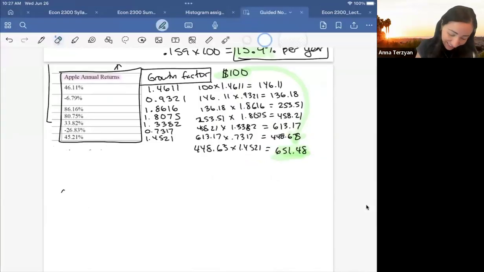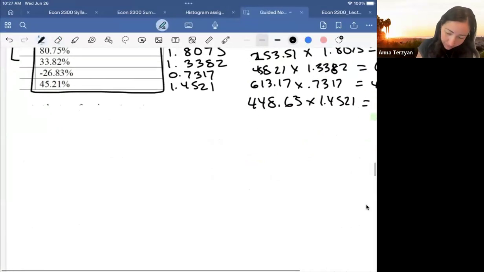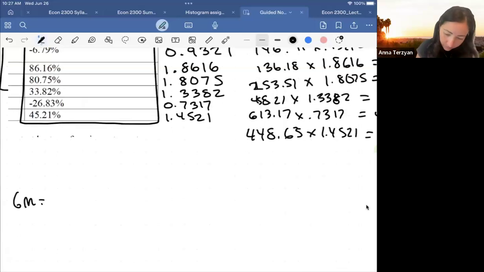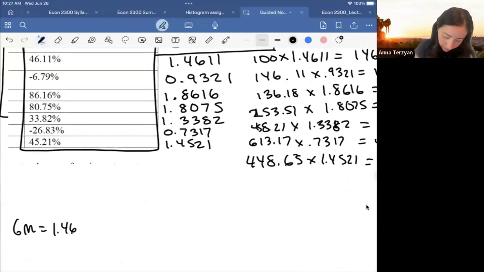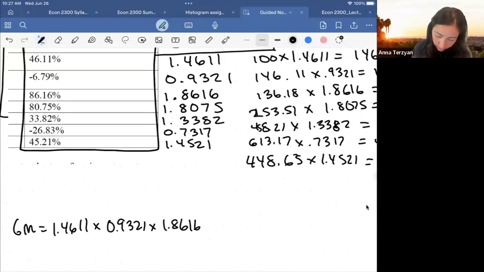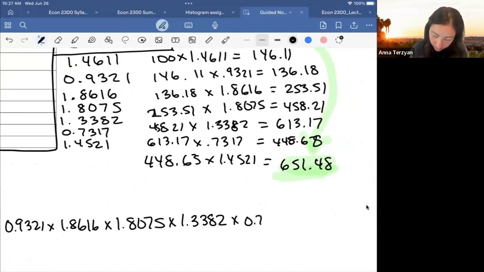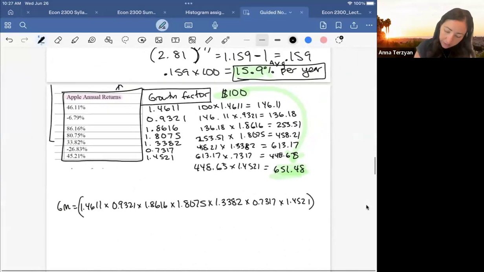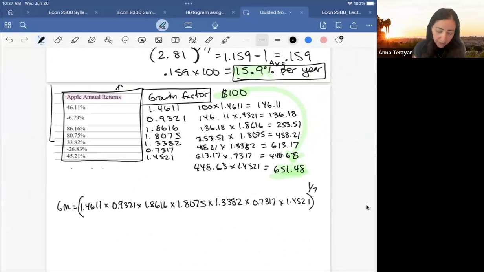Let's do it this way. Okay, and we're gonna take that to the 1/7. And what is that equal to? Let's start with that first. The product of those numbers in the 7th root.